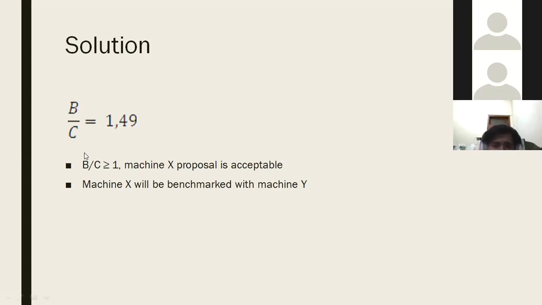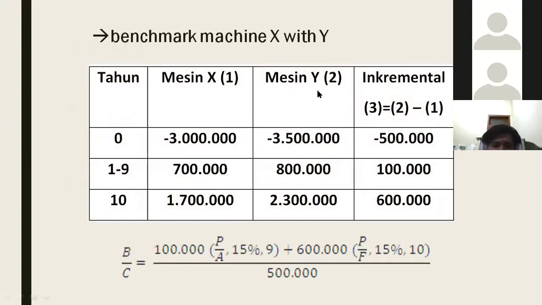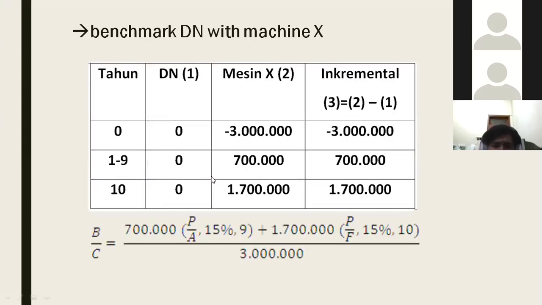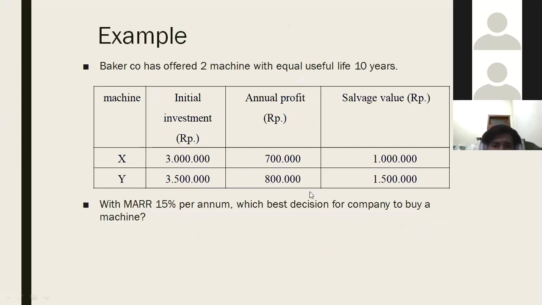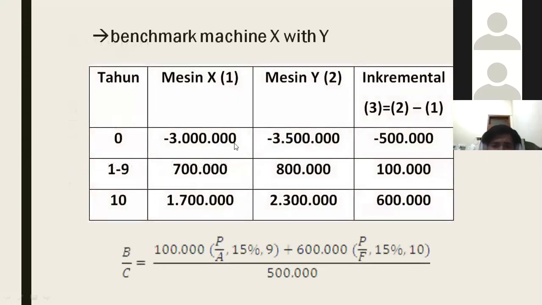Now machine X will be benchmarked with machine Y, compared. Now I have machine X and machine Y, and put the right information to see at a glance the practice problem in here, and then put it in the table. For the incremental one, it's just like subtraction between Y and X, put the right signs.